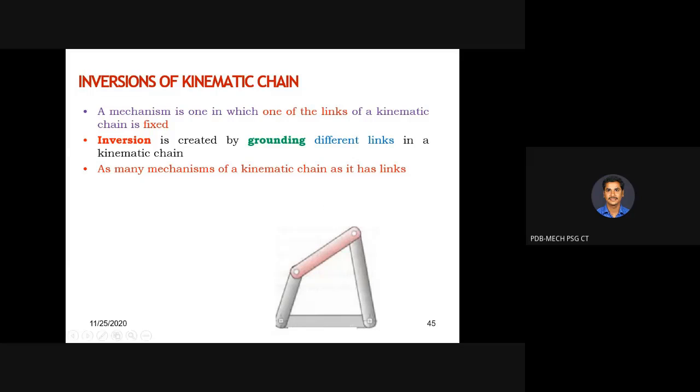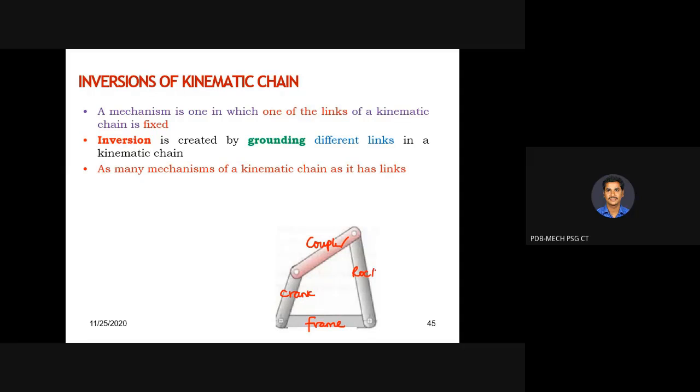So a mechanism is one in which one of the links of a kinematic chain is fixed. Then observing the motion of the other links is called inversion. Inversion is created by grounding different links in a kinematic chain. We know that we have 4 different links: frame, crank, coupler, and rocker.